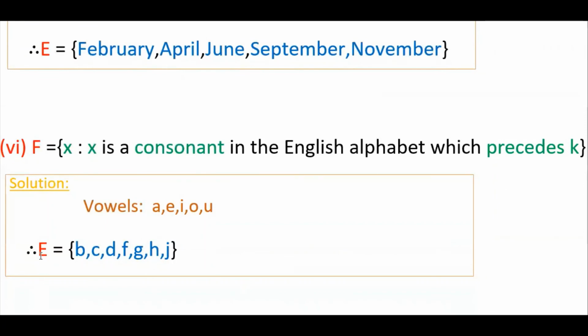Out of these, A you should not write because it is a vowel. So next one is B, C, D, E is not there, this is a vowel. Then F, G, H, I is not there. Then J, then K. But it precedes K, so you should not write K. Up to J you have to write.